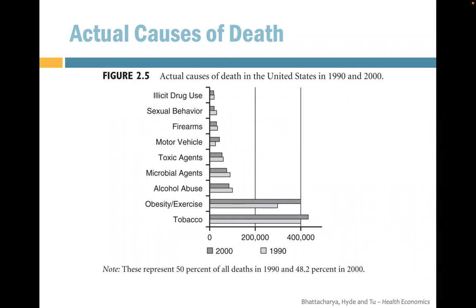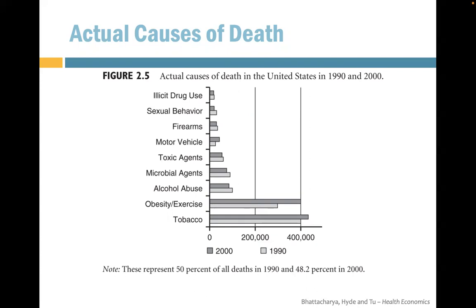We can see that the tobacco problem has actually increased from 1990 to 2000, but not as much as the increase in obesity and non-exercise, which see a huge increase.